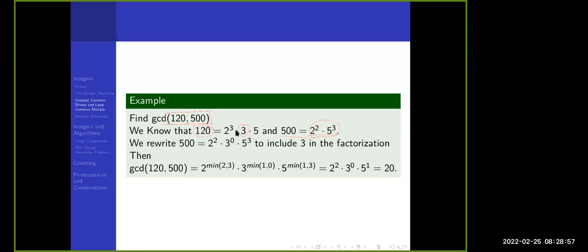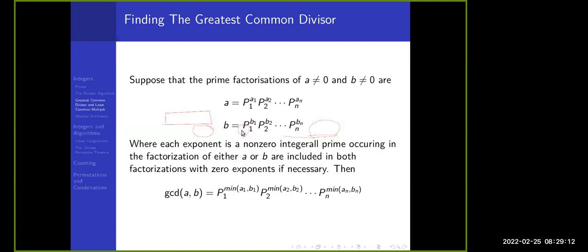All the factors that appear in the factorization of 120 will appear in the factorization of 500. That's what we meant when we said sometimes we may need to include 0 exponents.